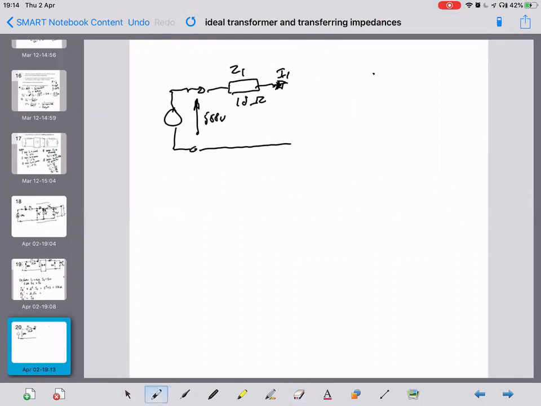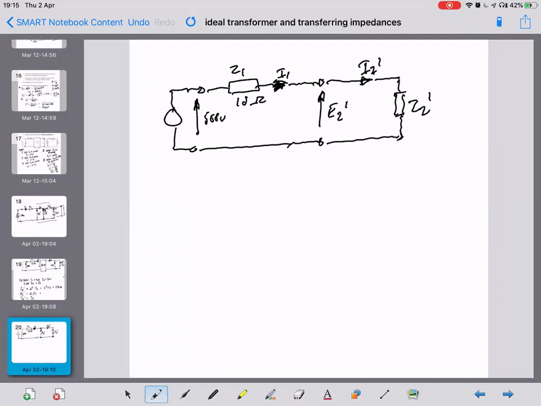We've still got those, but we can put in here 2 terminals and say the voltage there is E2 dash, the current here is I2 dash, and the impedance connected is Z2 dash.